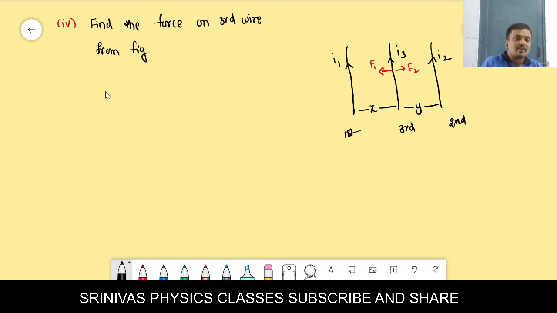Can you write the formula for F1, the force between these two wires? What is the formula? We derived it. Mu naught I1 I2 by 2 pi r. But here it is not I2, it is I3. F1 is the force between these two wires. You should respond fast.